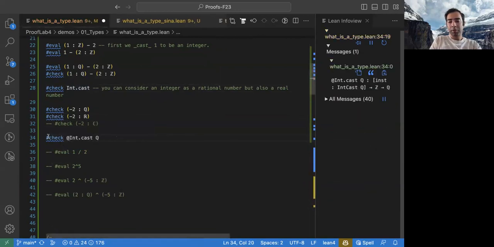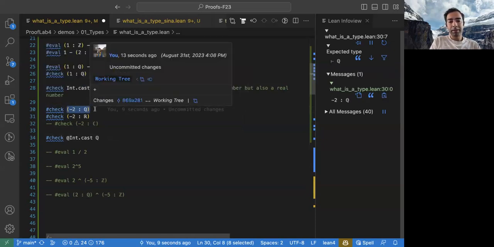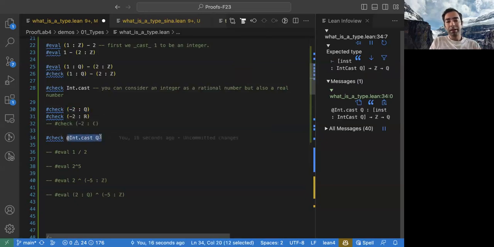Okay, we don't need to understand this right now, but later we come back to this kind of thing. But what's happening here is essentially this function is going on. So what I have written here essentially is applying this function to -2 as an integer.